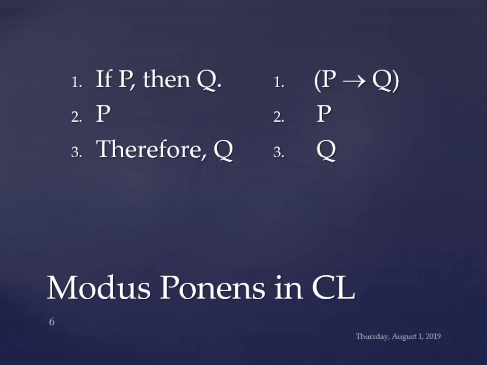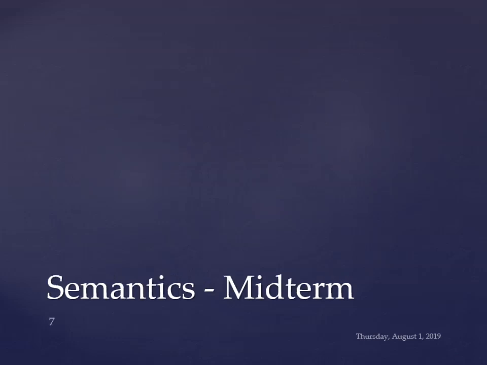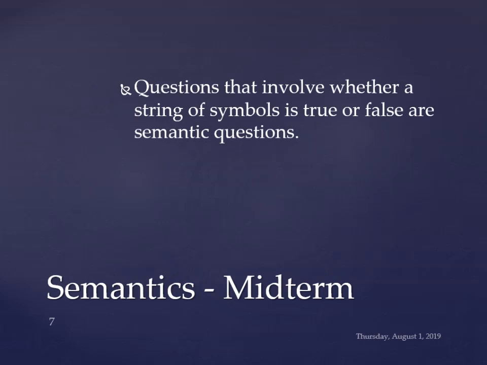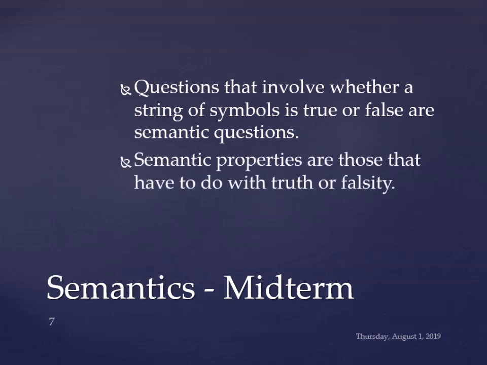All right, so when it comes to the midterm, you have to understand that semantics will show up in questions that involve whether a string of symbols is true or false. Questions that involve whether a string of symbols is true or false are semantic questions. Semantic properties are those that have to do with truth and falsity.